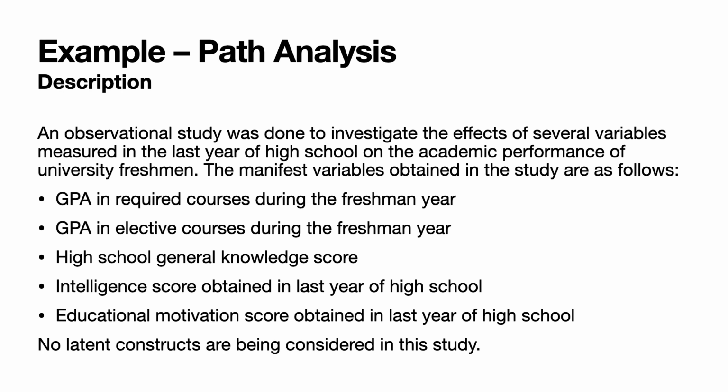The manifest variables obtained in the study are as follows: the GPA in required courses during the freshman year, the GPA in elective courses during the freshman year, a high school general knowledge score, an intelligence score obtained in the last year of high school, and an educational motivation score also obtained in the last year of high school. Now, no latent constructs are being considered in this study.